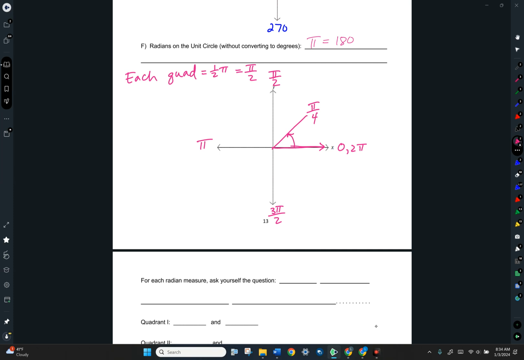If you have a fourth and then another fourth, that gets you up to a half of pi. And if I keep going, there's another fourth and another fourth. So it takes 3/4 to get into the second quadrant, and then 4/4, I'm back at 1 pi. Just to have you think of it in terms of fractions.